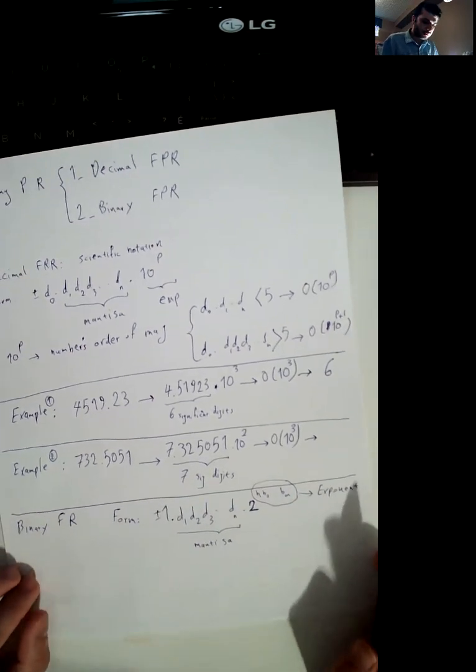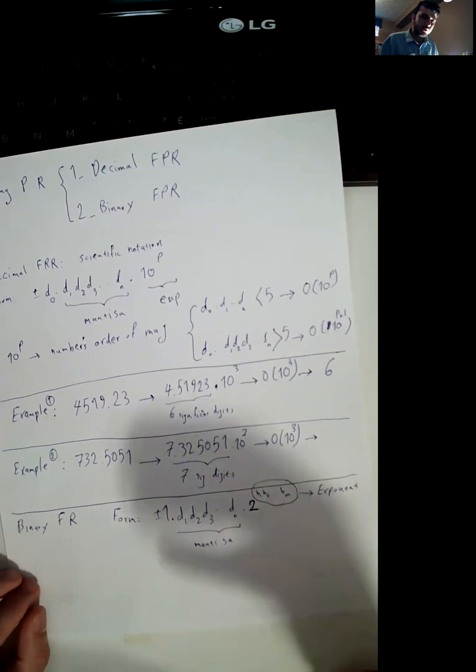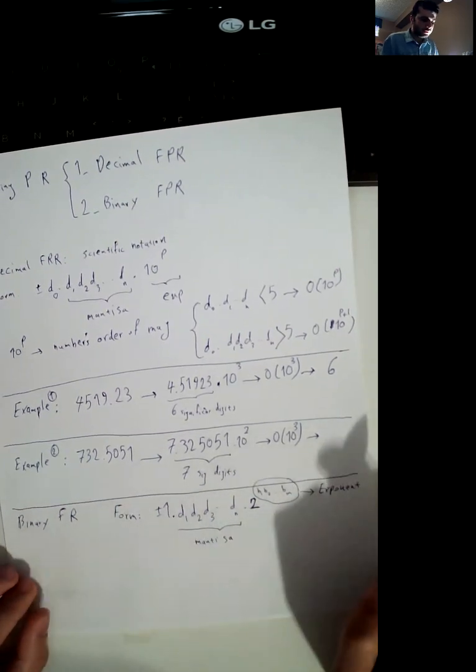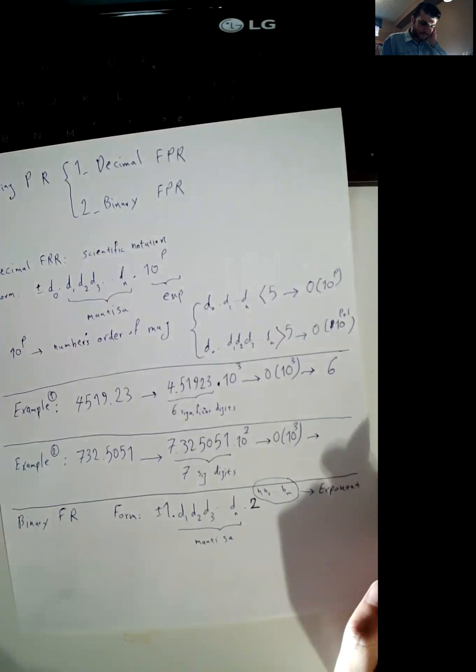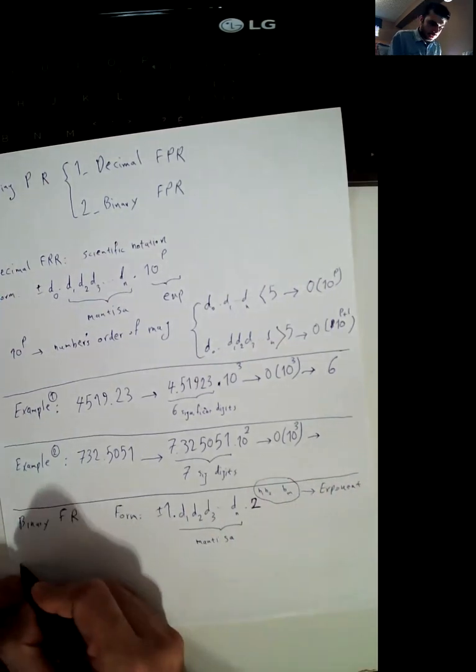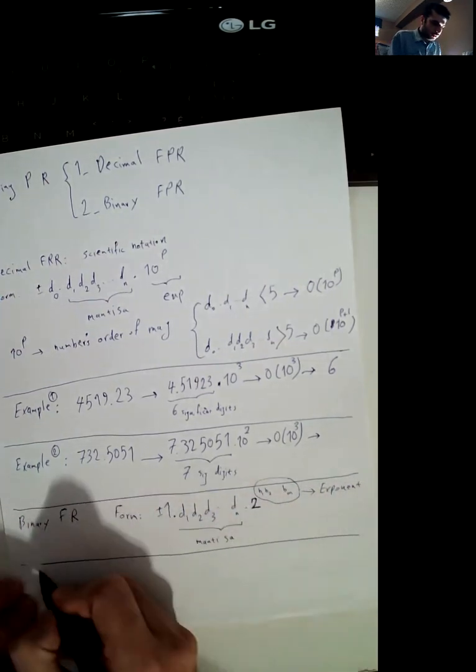In order to convert a number to binary floating representation, you should follow 2 steps.